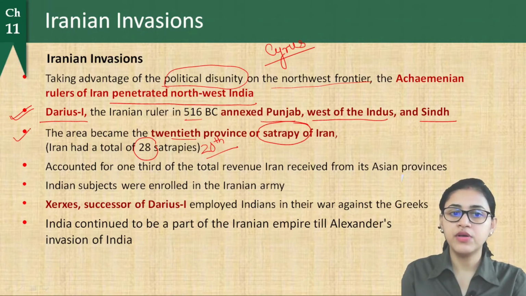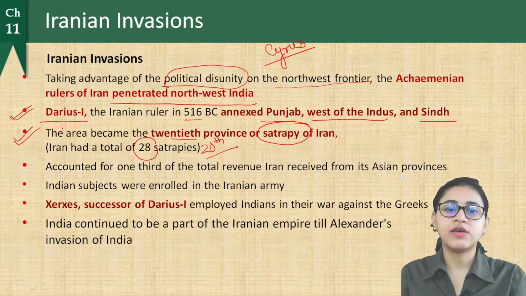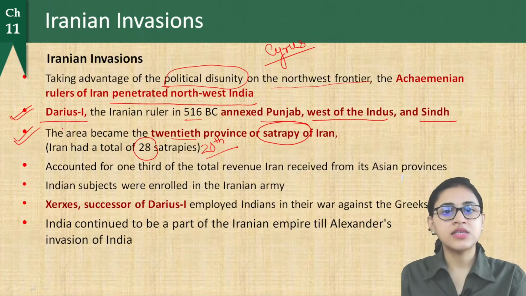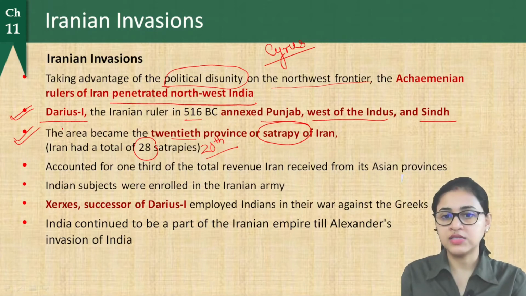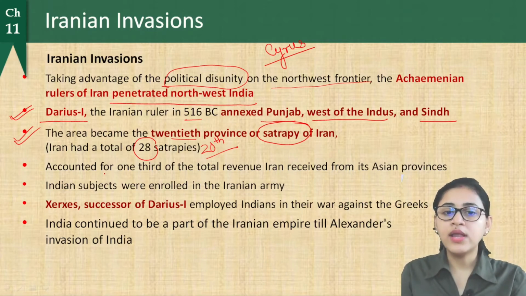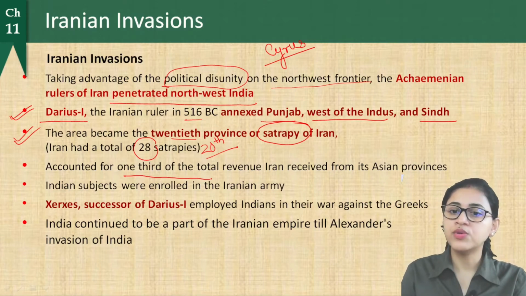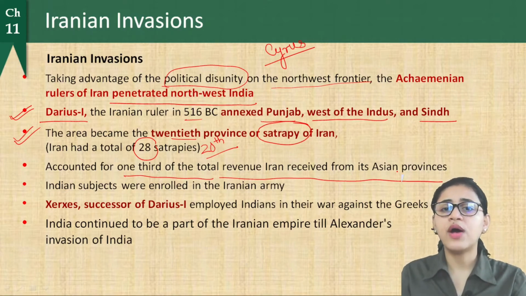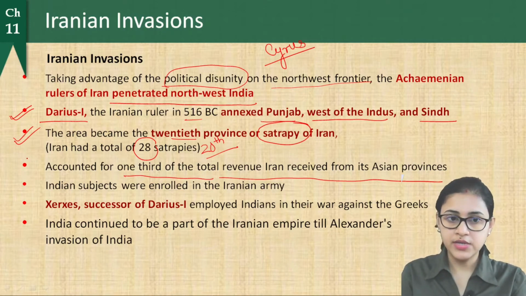This area, as we have discussed, is quite wealthy and rich, and together it provided one-third of the total revenue which Iran received from all of its Asian provinces counted together. So we can now understand how important this province was for the Iranians in terms of wealth.